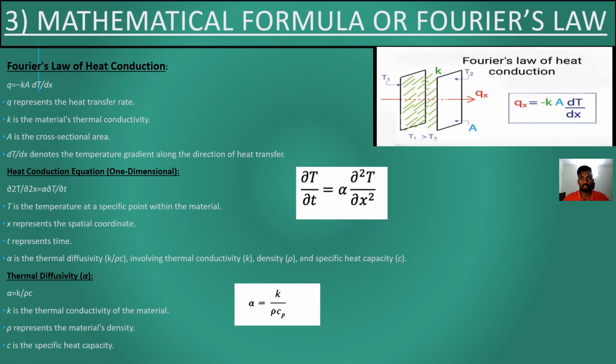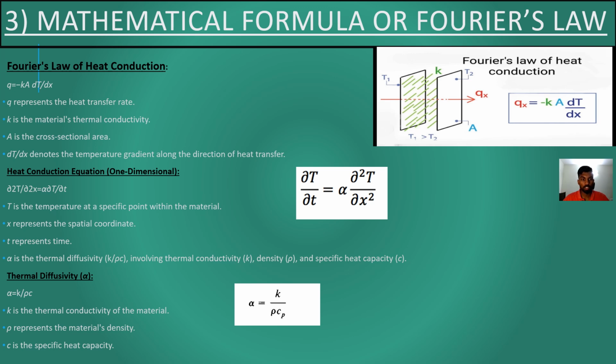So let's know the mathematical formula, Fourier's law of conduction of heat. Fourier's law of heat conduction is Q = -kA dT/dx, where Q represents the heat transfer rate, k is the material's thermal conductivity, A is the cross-sectional area, and dT/dx denotes the temperature gradient along the direction of heat transfer.